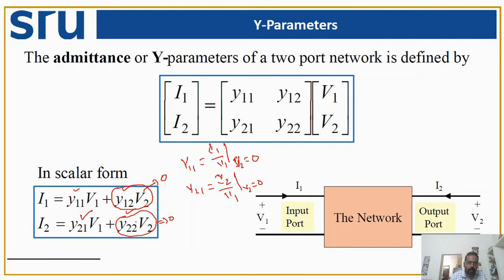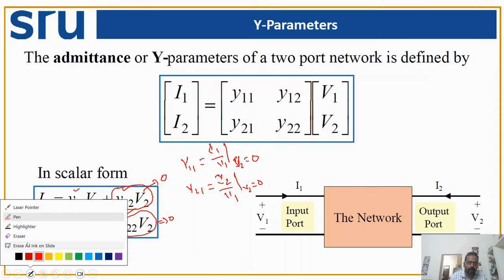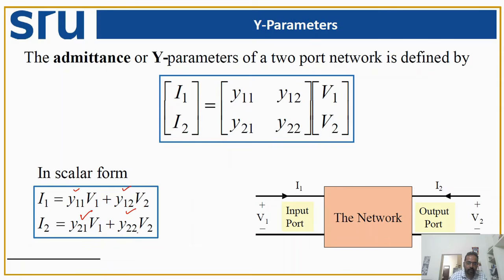Similarly, how do we compute Y12 and Y22? We compute them by eliminating the Y11 and Y21 terms, that is, by making V1 equal to 0. We do this by short circuiting the input port, so those terms become 0 and we are able to compute Y12 and Y22.